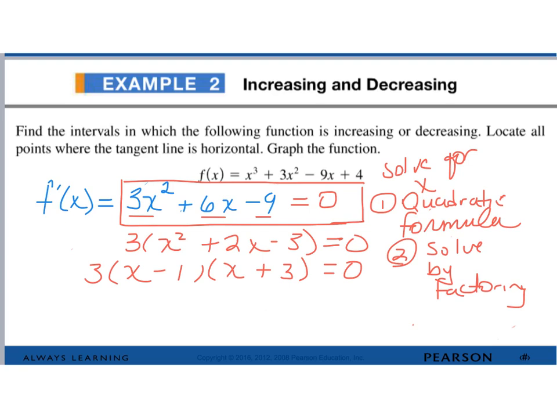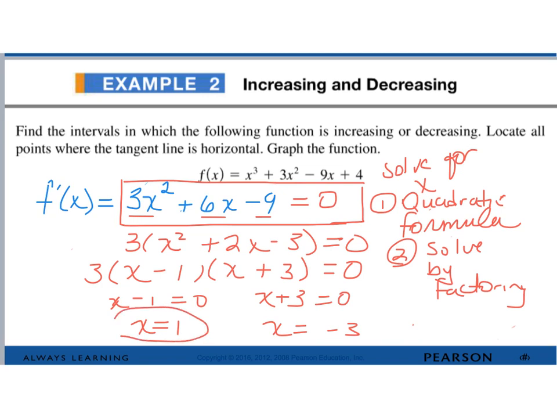And if you remember solution by factoring, this is equal to 0 if x minus 1 is equal to 0, which would happen if x was 1. And if x plus 3 is equal to 0, which happens when x is equal to negative 3.